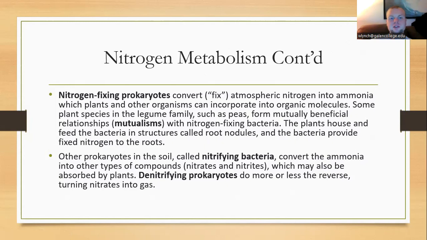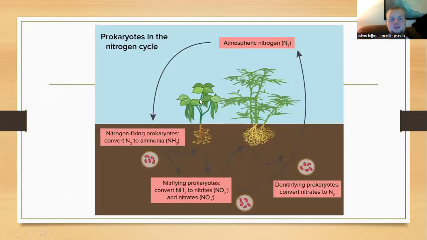Other prokaryotes in soil, known as nitrifying bacteria, are able to convert ammonia into other forms. Denitrifying prokaryotes are going to do the reverse of this. They're going to turn nitrates into gases, and they're going to denitrify these components. So here's our nitrogen cycle, right?